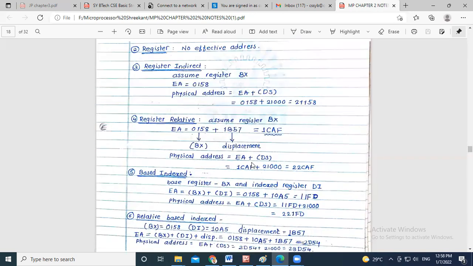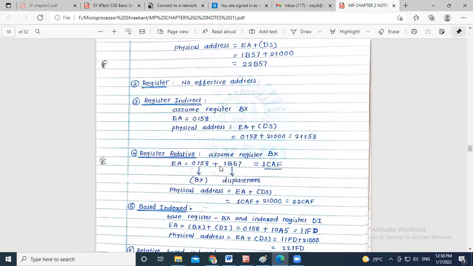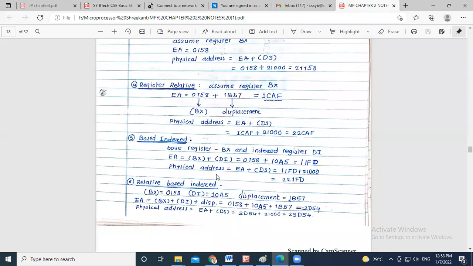So these are the problems showing how we find the effective address and physical address using different data related addressing modes. In the addressing modes topic, the first category is data related addressing modes.